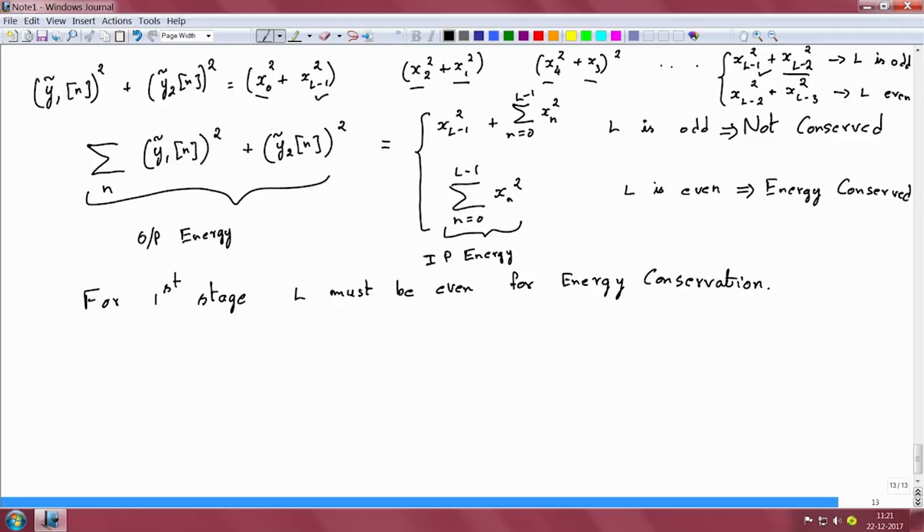Now, let us see how many samples we have after the first stage. For L even, here we have x0, x2, x4, and so on till x L minus 2. So, for L even we have L minus 2 by 2 samples at output.